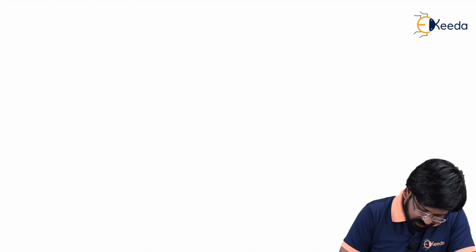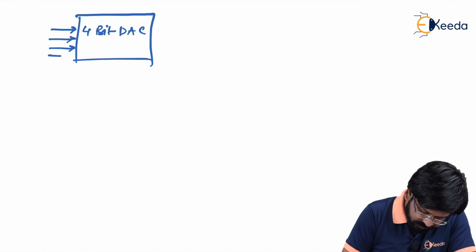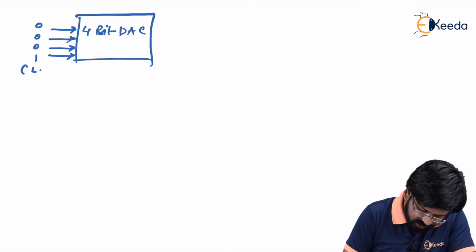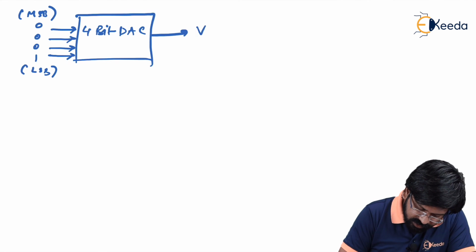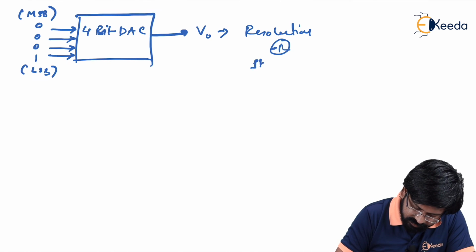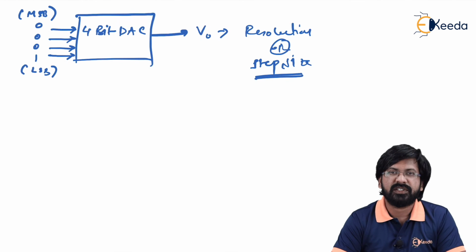Meaning that if I have a 4-bit DAC, and if I apply input as 0, 0, 0, 1, where 1 is LSB here and this is MSB, in that case the output voltage is called the resolution, and this resolution is also called a step size.